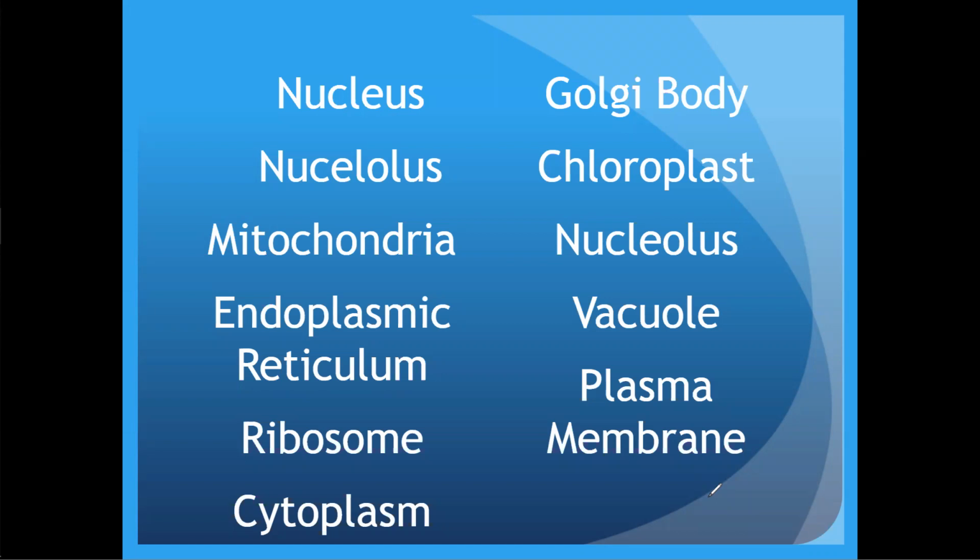So think about this for me. We know that prokaryotes only contain 4 organelles, or 4 things they need to survive. However, eukaryotes are more complex and they contain all of these organelles. Do you see any organelles that prokaryotes and eukaryotes have in common? Think about that.